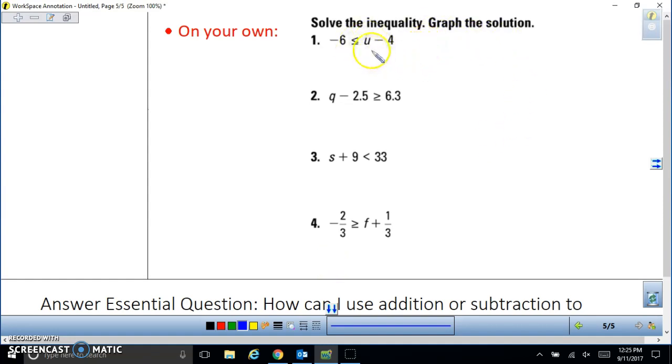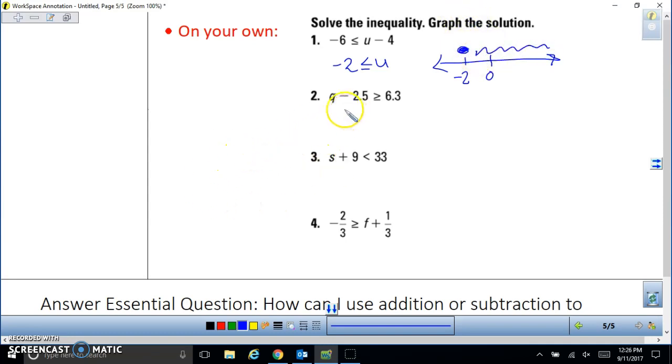For number 1, you should have gotten that u was greater than or equal to -2. Graphed it, -2, filled in circle, and -2 is less than, so you should be shading to the right.